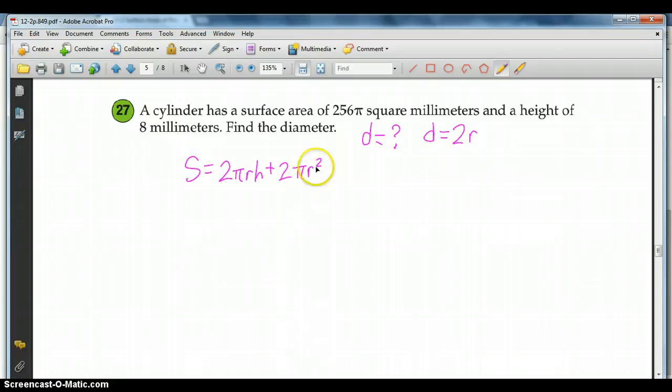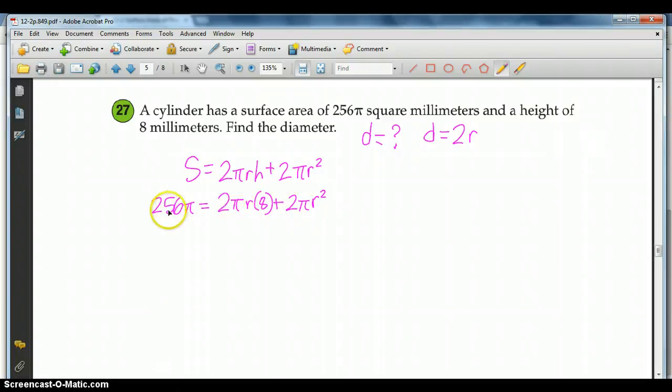So we're just going to begin to substitute in what we know. We know the surface area is 256 pi. We know that our height is 8. And we get this. Now notice these two terms are both divisible by 2 pi.